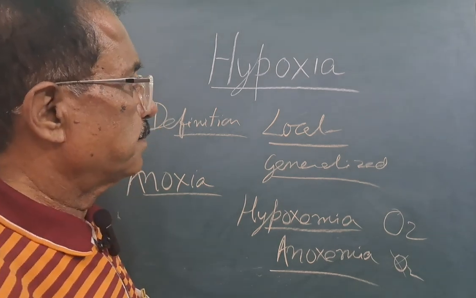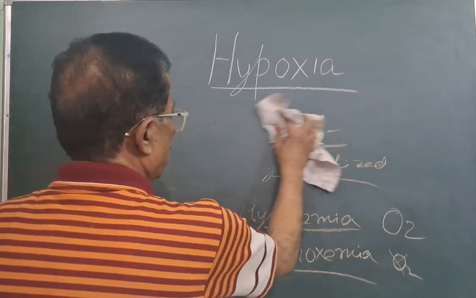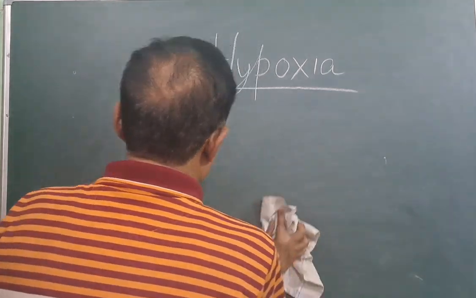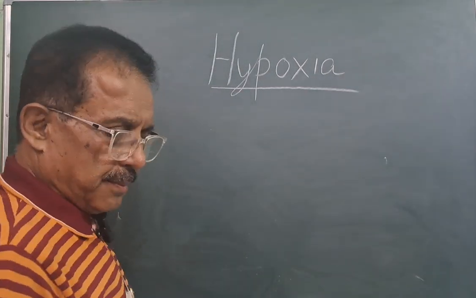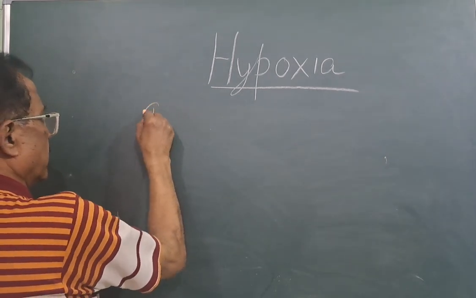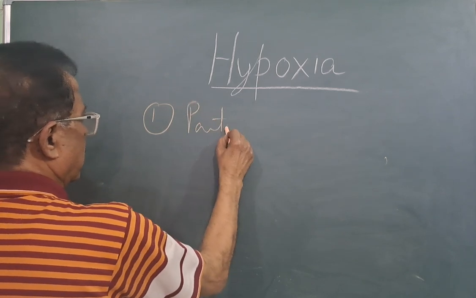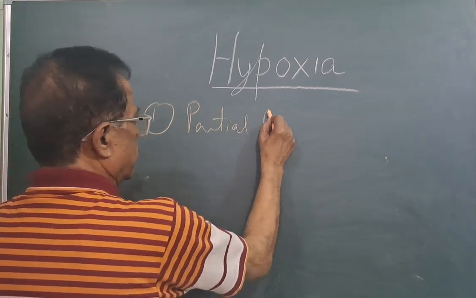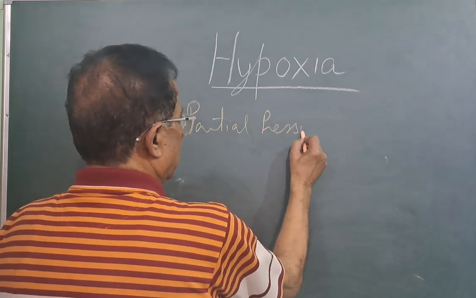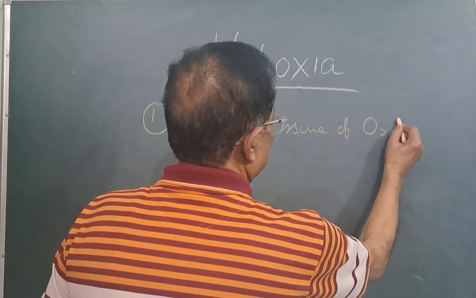Now coming to the pathophysiology of hypoxia. In hypoxia, one thing is that the partial pressure of oxygen is low.